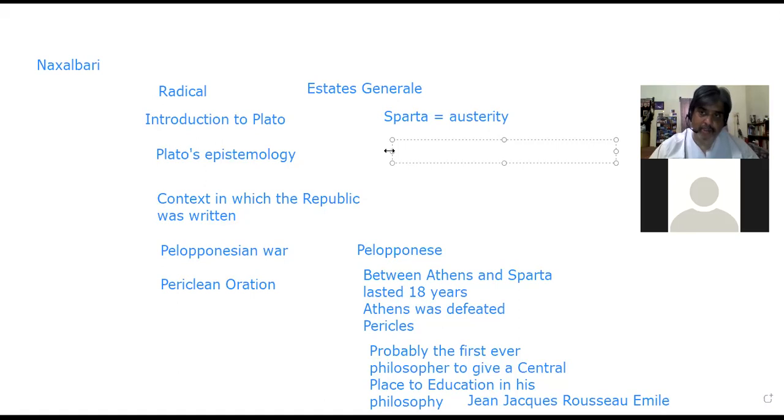But let me ask you a question. Why did all the people who wanted the continuation of the monarchy sit on the right? Any idea?